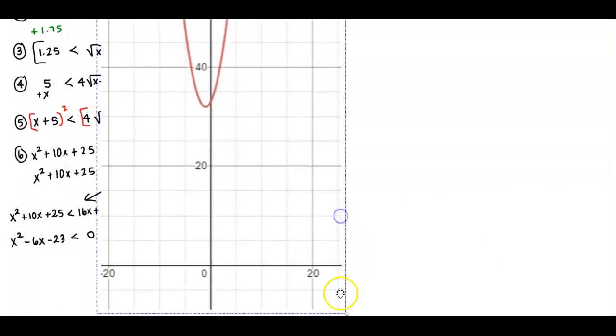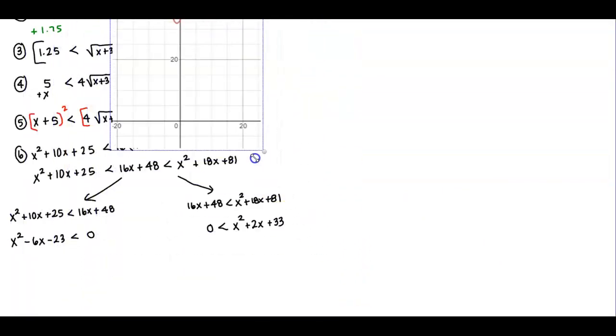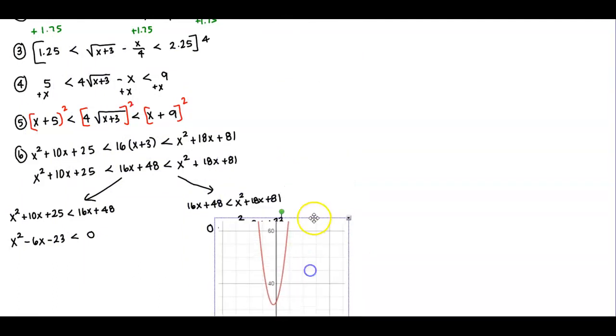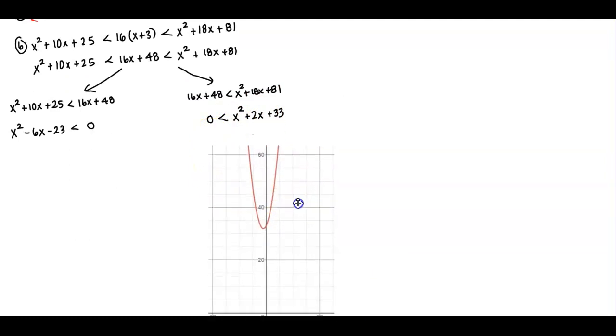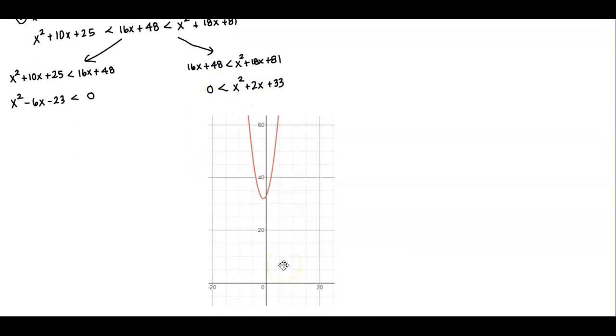Since it is above the x-axis, is this function always going to be greater than 0? Well, yeah, because it's above the x-axis. So therefore, this is always true.